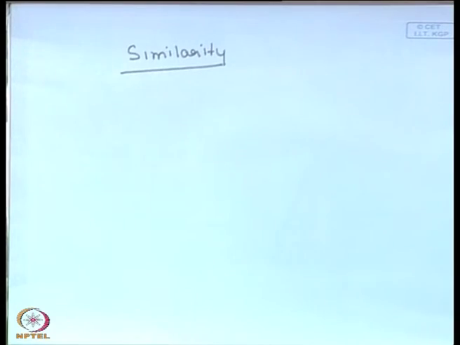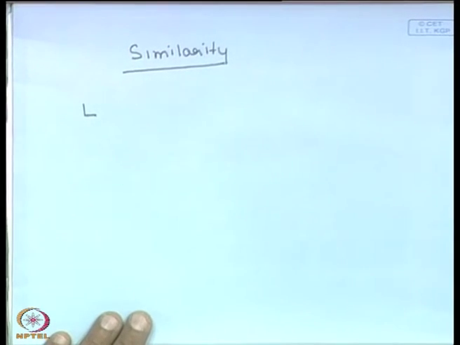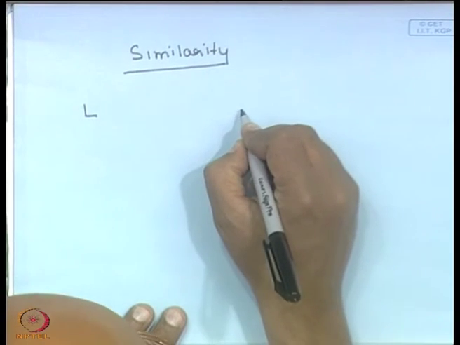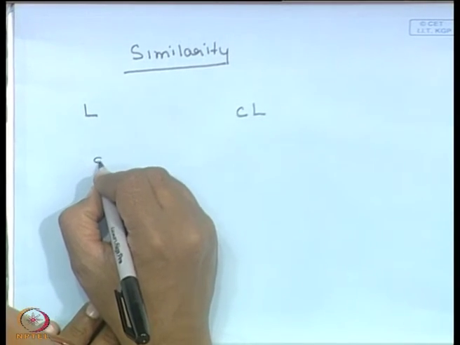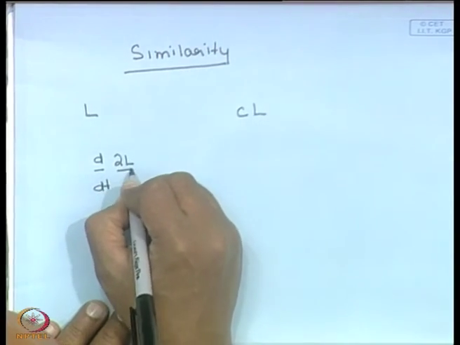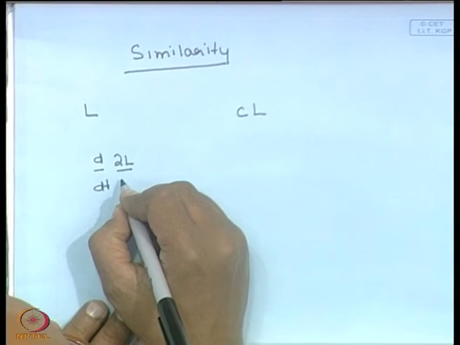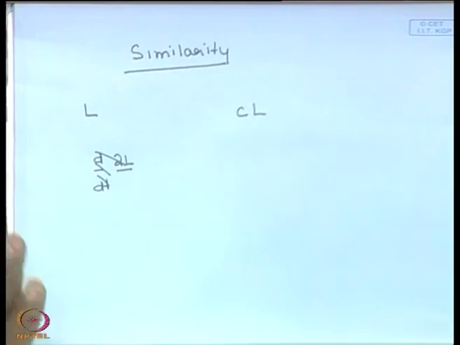Okay, let us start off by noting the fact that if I have a system which has a Lagrangian L, and if I multiply the Lagrangian with a constant c into L, then the equation of motion, let me remind you what the equation of motion is, it is not changed.